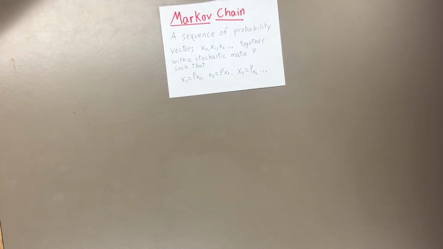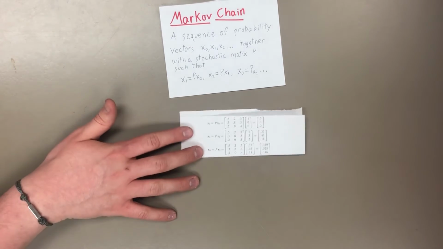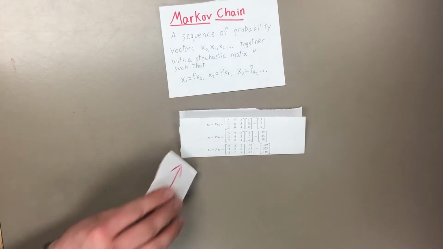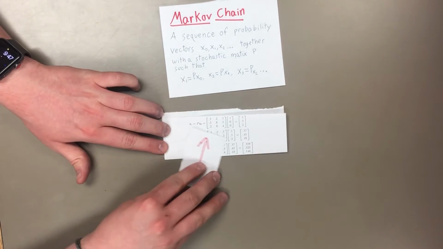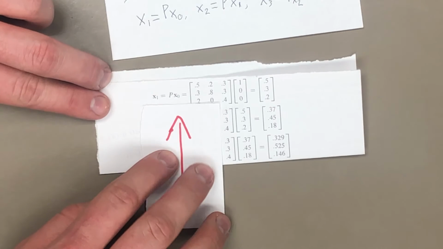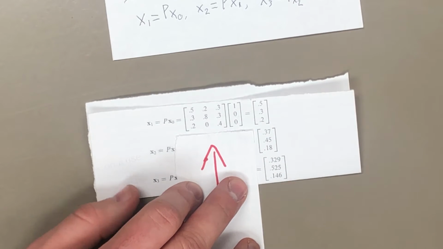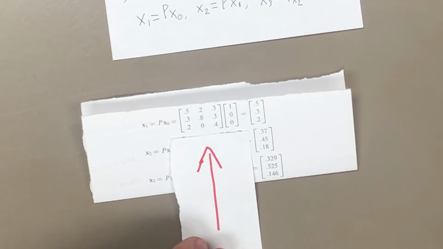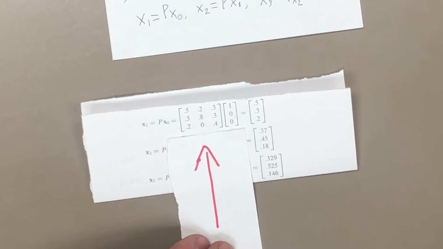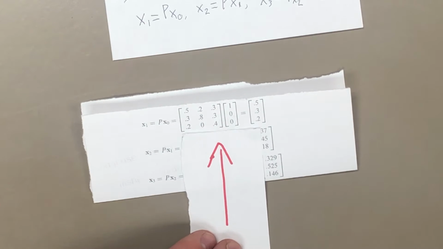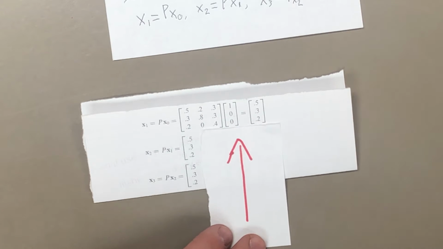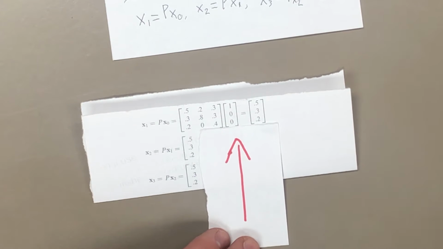Yeah, so we have a quick example with this. With this example, we see that we have a stochastic matrix P that's 0.5, 0.2, 0.3, 0.3, 0.8, 0.3, and 0.2, 0.0, 0.4, and then we have a probability vector 1, 0, 0.